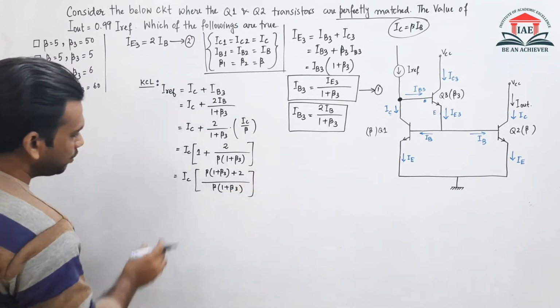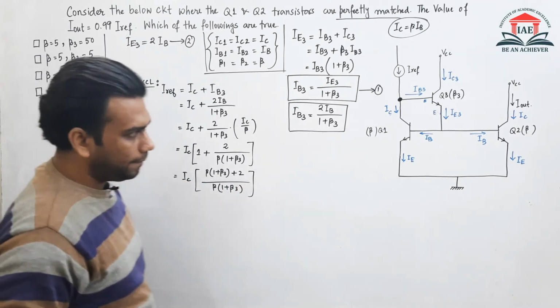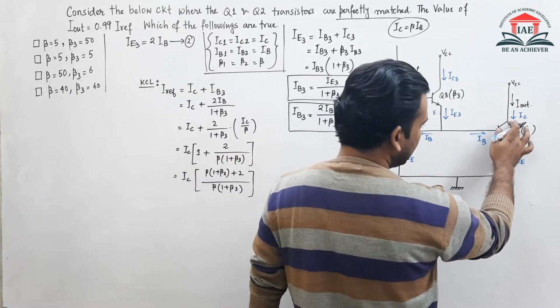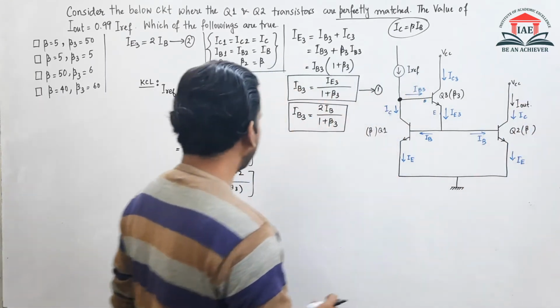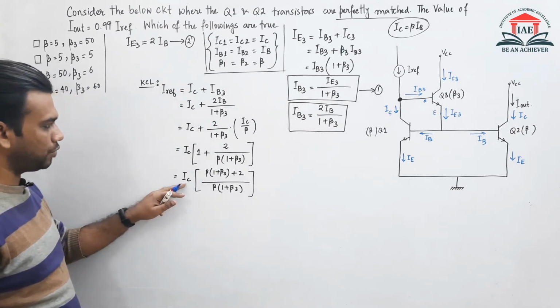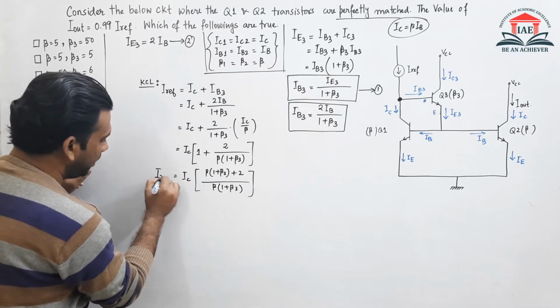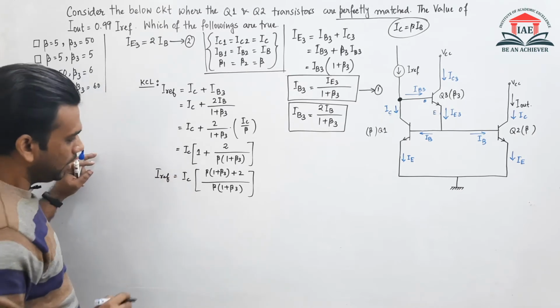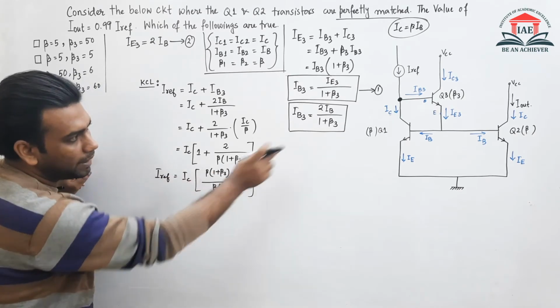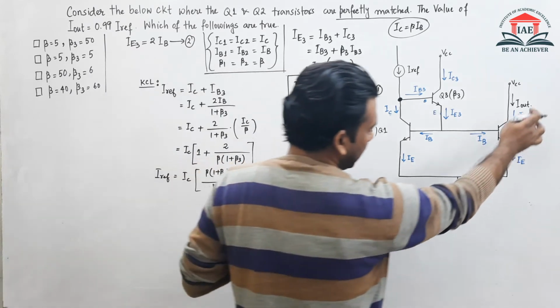Now ये जो IC है, ये IC वैल्यू क्या है, just go to the figure. IC is nothing but I out. So I can replace this IC as I out. So from this equation, यहाँ पे लेफ्ट हैंड साइड पे मेरा I रेफरेंस था. So IC is nothing but the I out. You can see that यहाँ से.